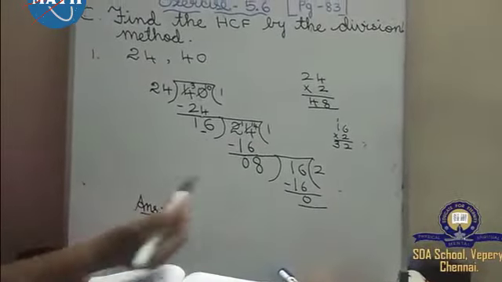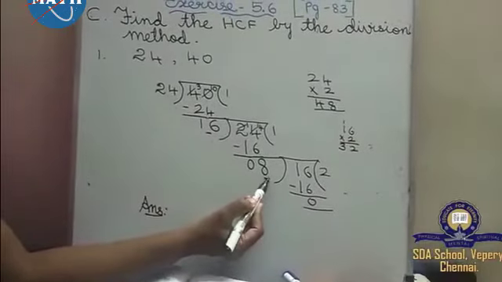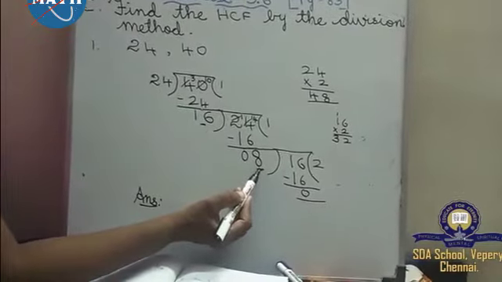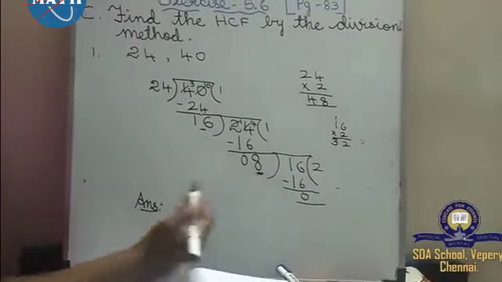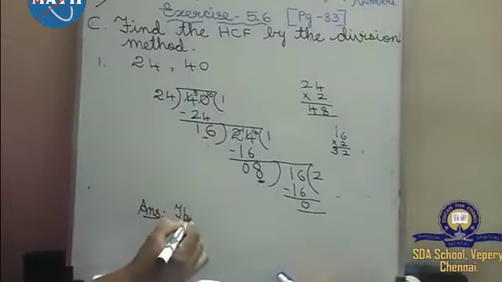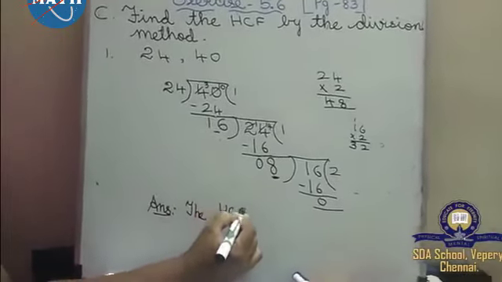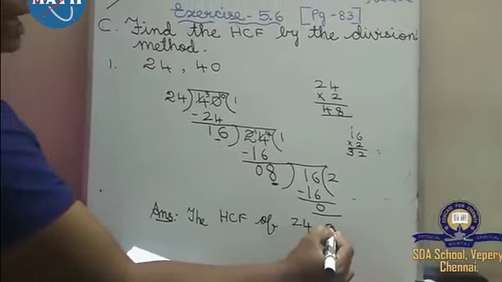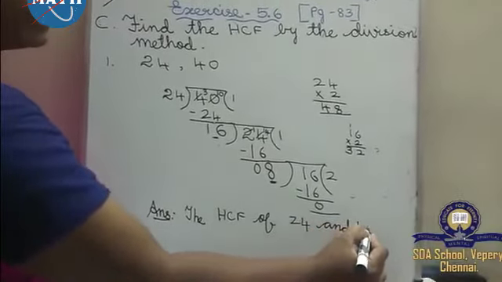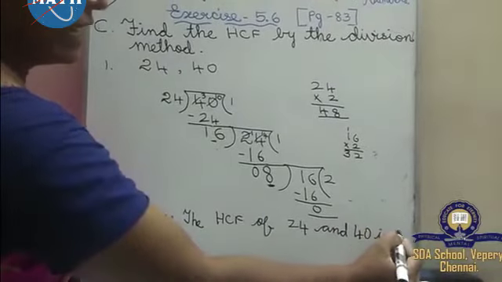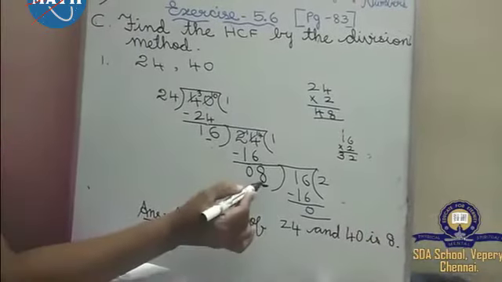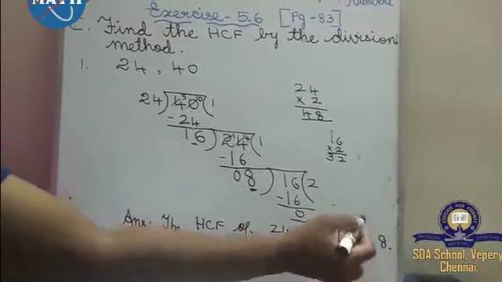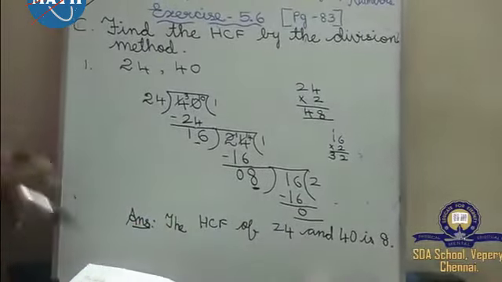No. What's the answer? The last divisor is the answer. Understood, children? The HCF of 24 and 40 is 8. Understood, children? The last divisor is the answer. Okay, children? Can you do another sum, children?